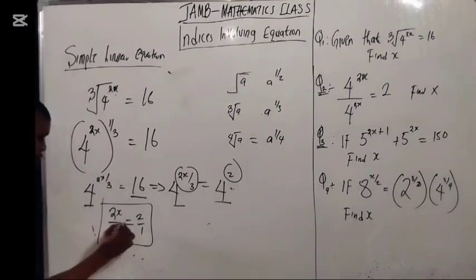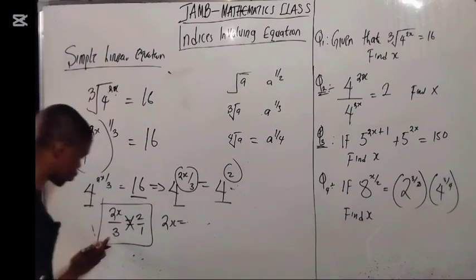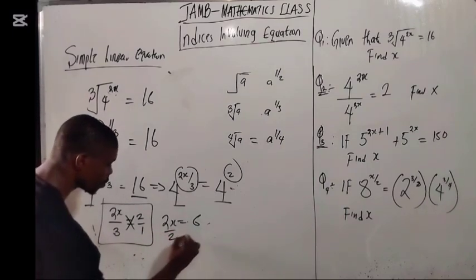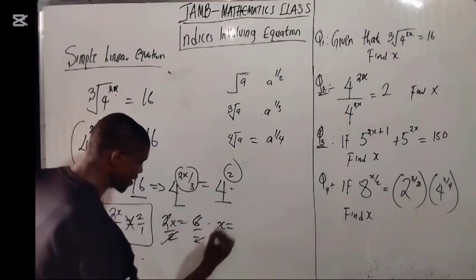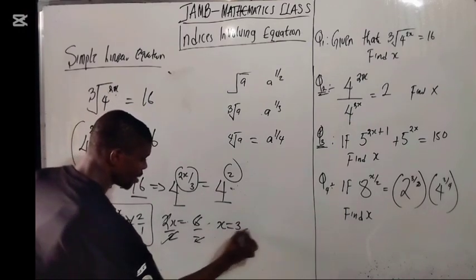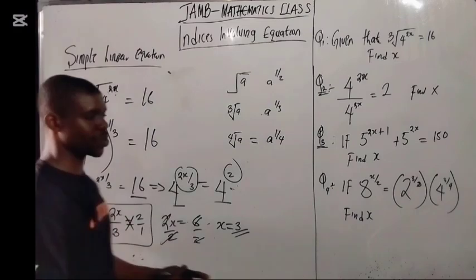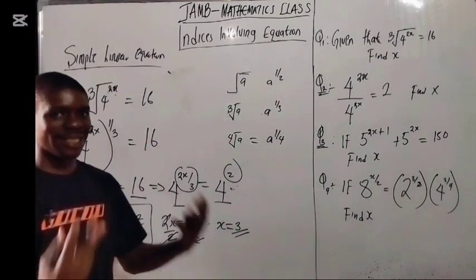When you cross multiply, we have 2x equals 3 times 2, which is 6. Divide both sides by 2. My x is equal to 3. That is the answer to the first question. You can see how easy it is. That is why it's called a simple linear equation.